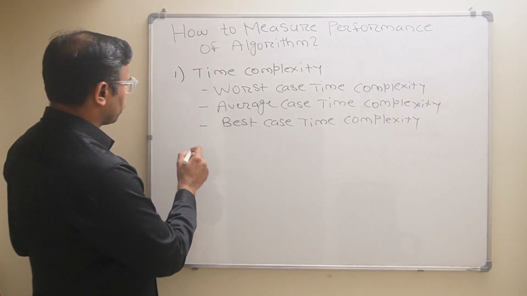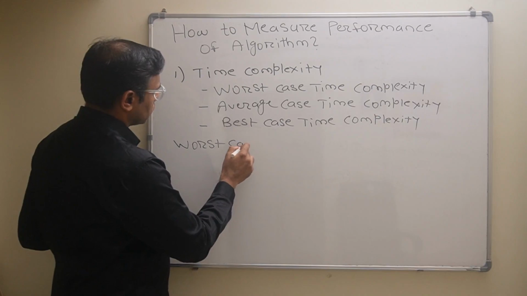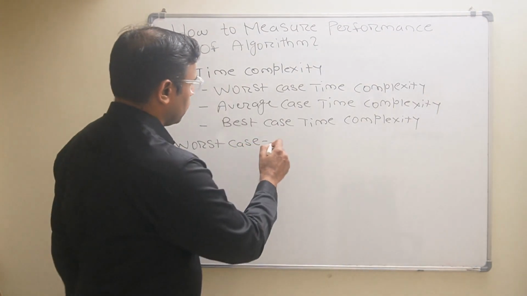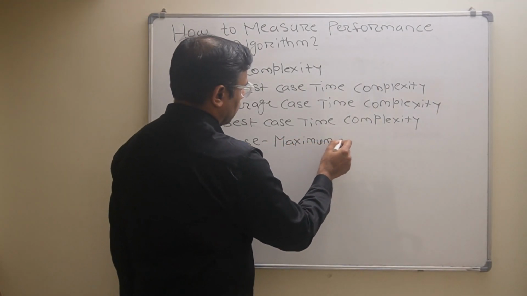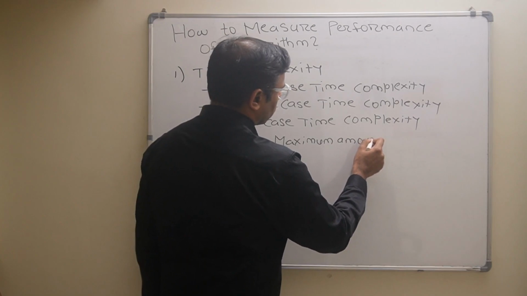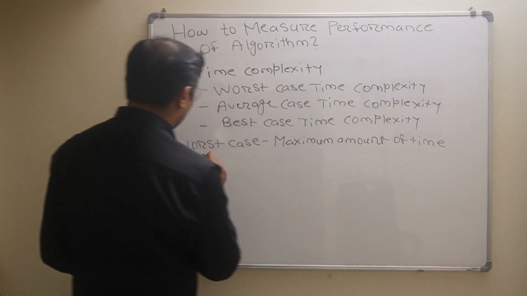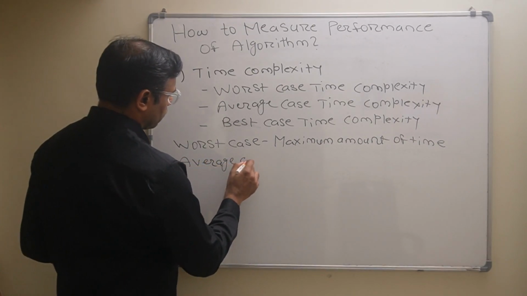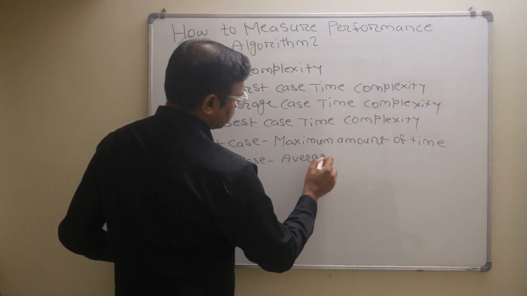Let us first see worst case time complexity. Worst case means the maximum amount of time taken by an algorithm for execution. Then average case means the average amount of time taken by an algorithm for its execution.